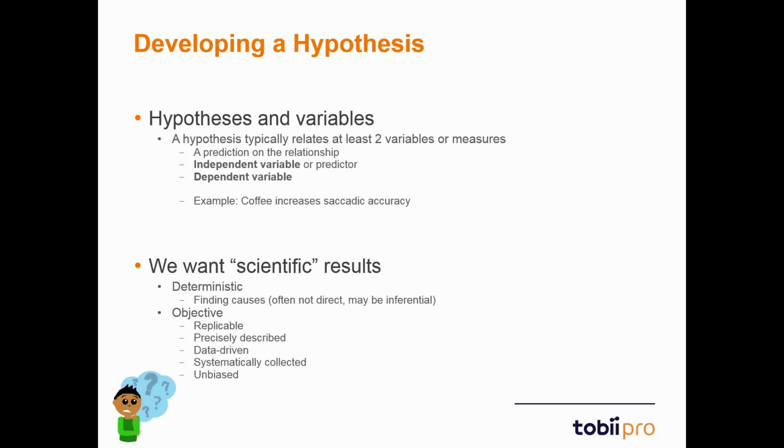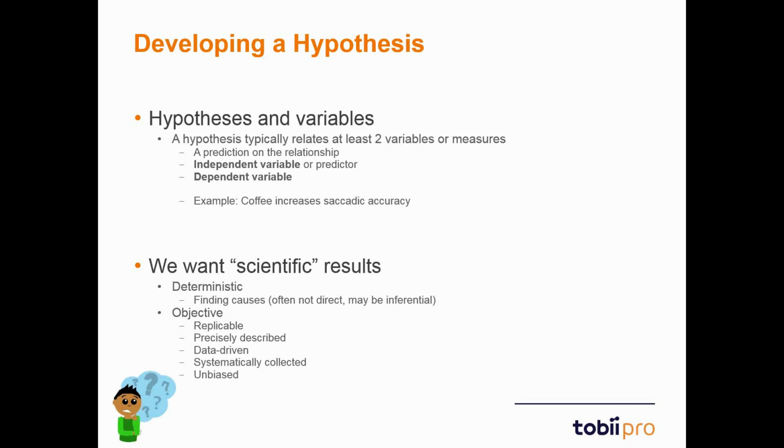A hypothesis will typically relate two variables or measures, and it's a prediction about the relationship between them. What people typically call these is the independent variable, or the predictor, which is what the scientist is going to manipulate, and the dependent variable, which depends on the independent variable. It's the outcome of whatever you're going to measure.